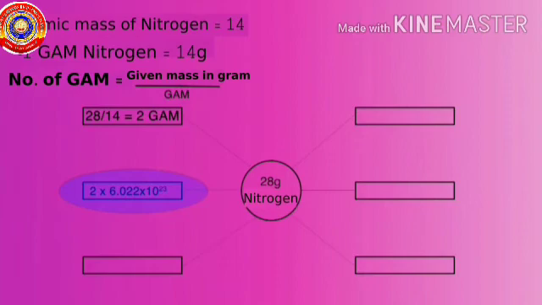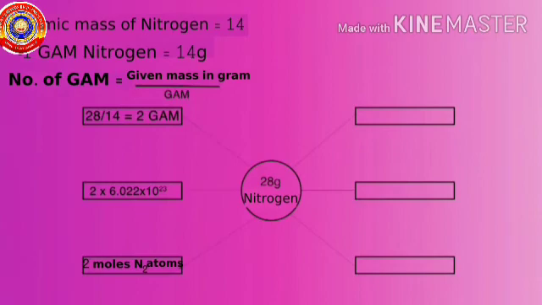As 2 GAM is present in the 28 gram nitrogen, we can calculate the number of moles present in this sample. We know 1 GAM contains Avogadro number of particles. That means 1 mole of substance. Here 28 gram nitrogen contains 2 mole nitrogen atoms.